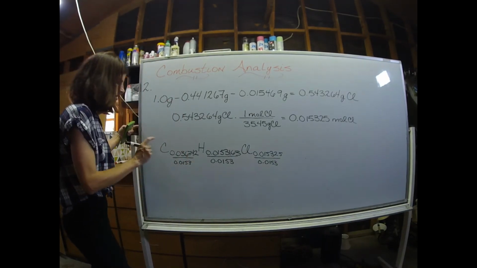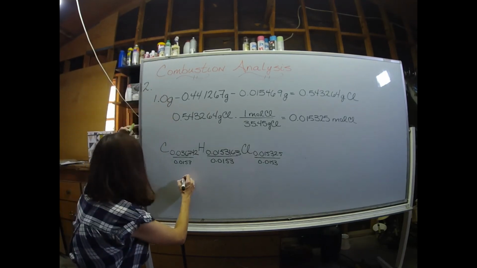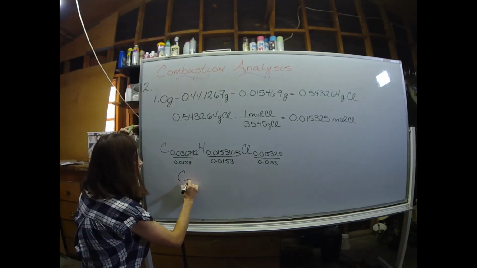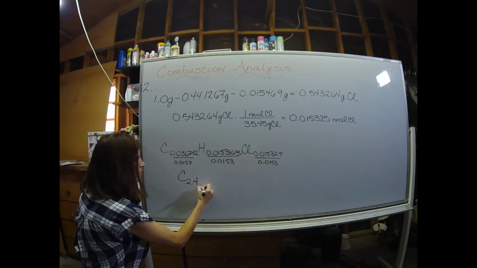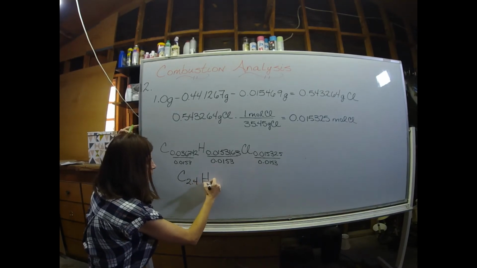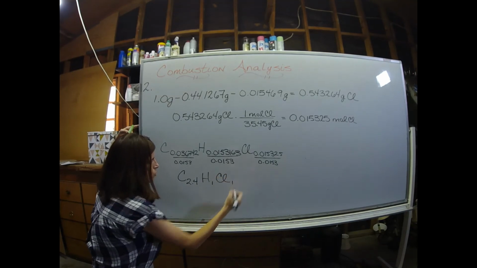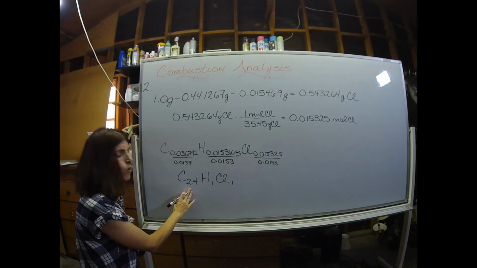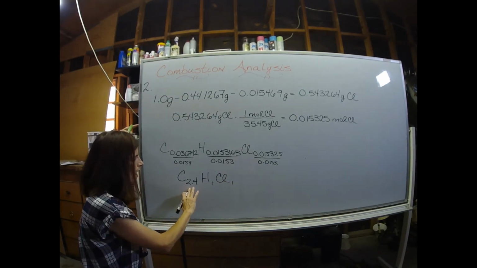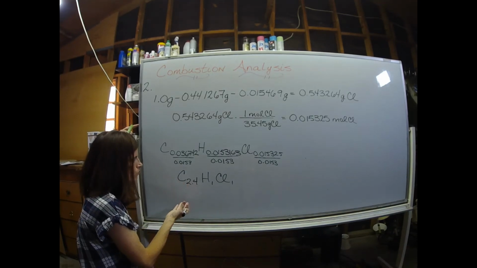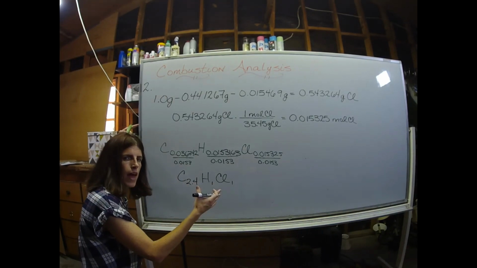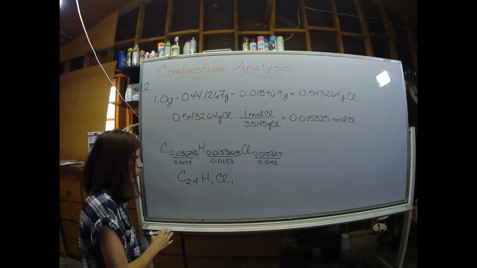And that gives me a value of 2.4 for carbon. Hydrogen, since I divided it by itself, is going to be 1. And the same thing with chlorine, that's also going to be a 1. Now we're in that situation again where we have a number that we have to multiply to get a whole number.